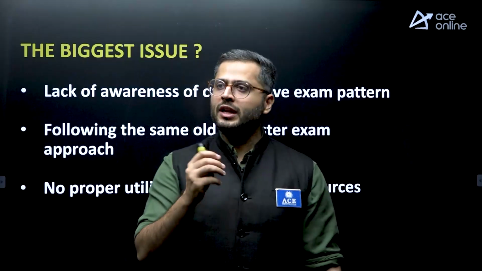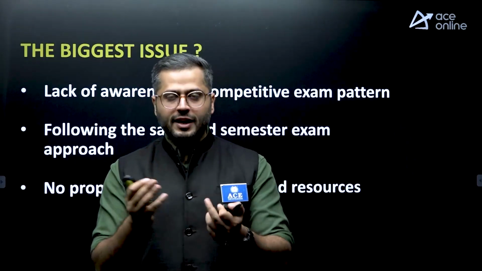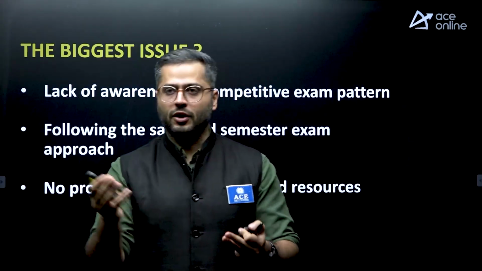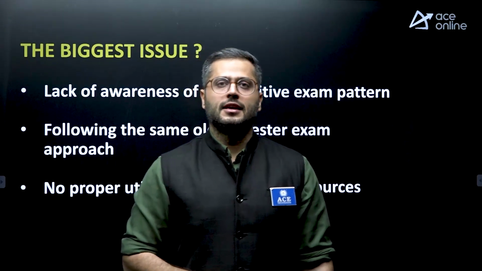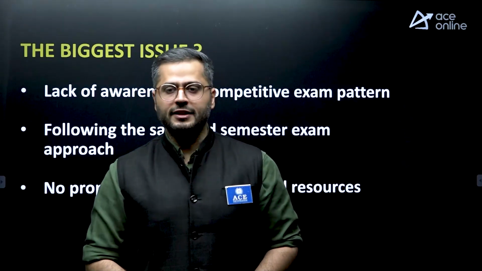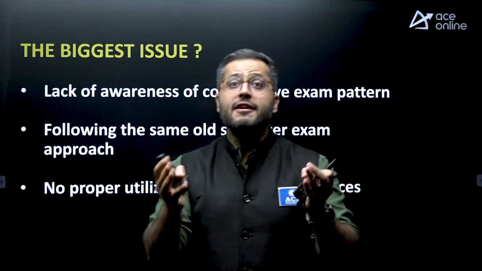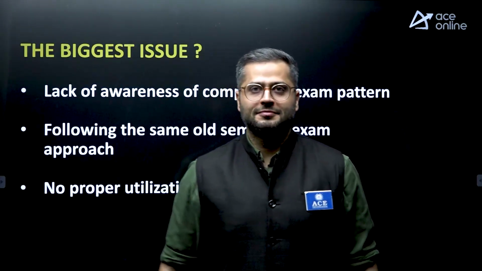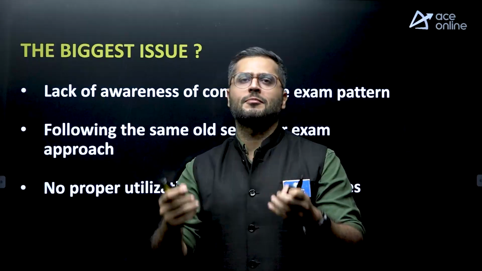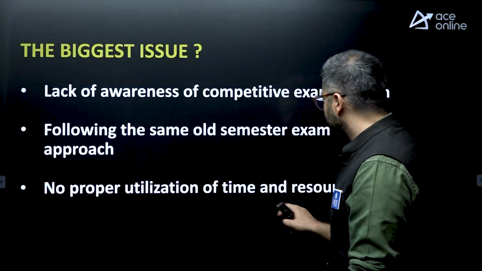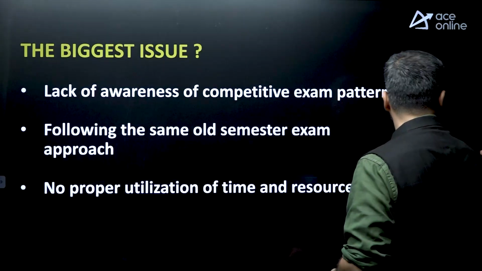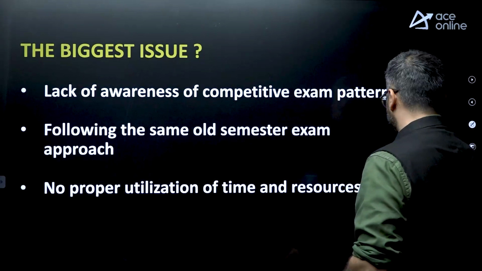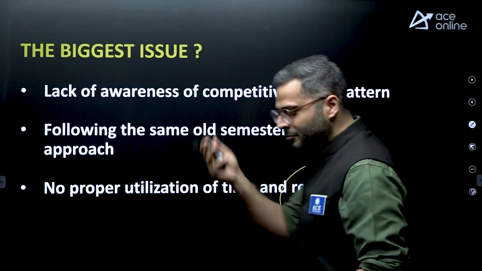So many students don't even look at the face of the library in their 4 years of degree or 3 years of diploma. Right? And post-COVID specifically, there is a flood of information out there on YouTube, and you're not able to filter that properly. There are so many free resources available to you on the internet, and you are not able to utilize them properly.